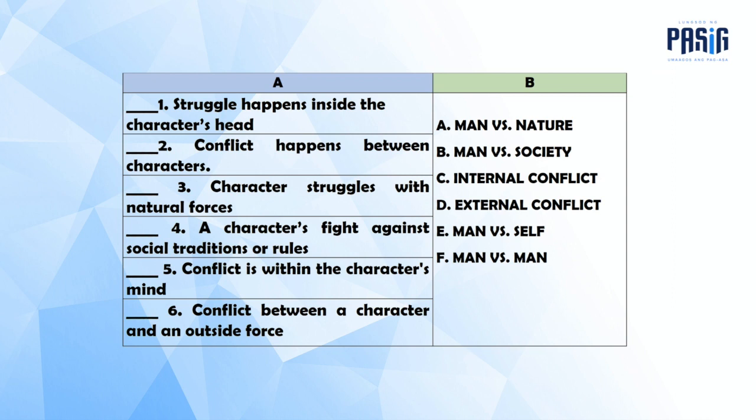For column B, we have letter A, man versus nature. Letter B, man versus society. Letter C, internal conflict. Letter D, external conflict. Letter E, man versus self. And letter F, man versus man.